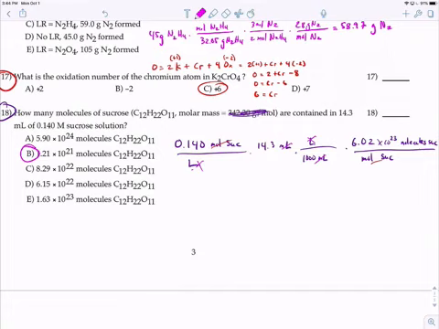Like so. Questions with how to do this one? This is just extra. That's just extra information. You don't even need that. That's just there to throw you off.